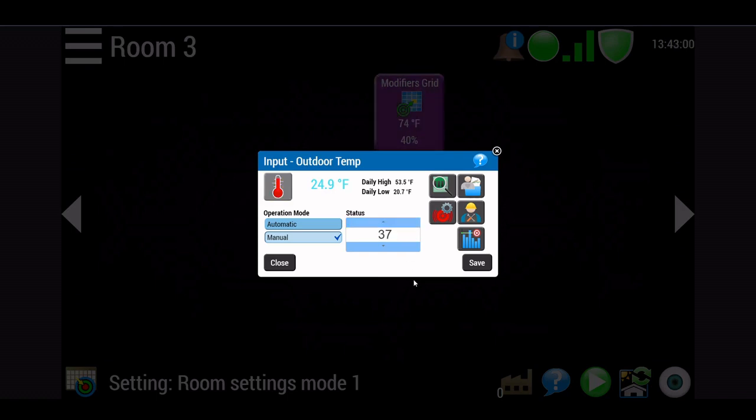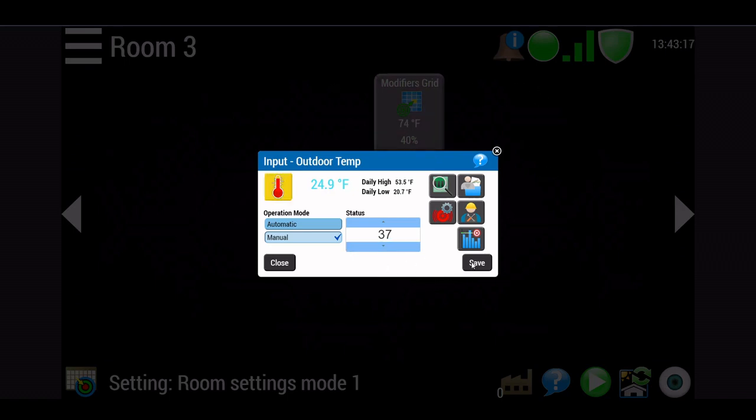So now we're going to be at about a 1.25 factor, because my temperature is about halfway in between that 50 degrees and the 25 degrees that I set up as the range over which my modifier is active.